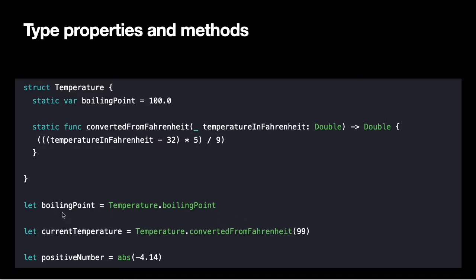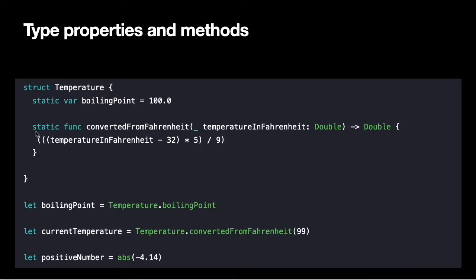And in this case, we're setting boilingPoint as a new constant, and we are setting it to be the static Temperature.boilingPoint. Now, it helps that in Swift, our convention is to capitalize types and to have instances and properties being lower camel case. So that way, anytime you see something capitalized, in this case we see Temperature is capitalized, just by reading this we can infer that Temperature is probably a type, and so boilingPoint is a static property.